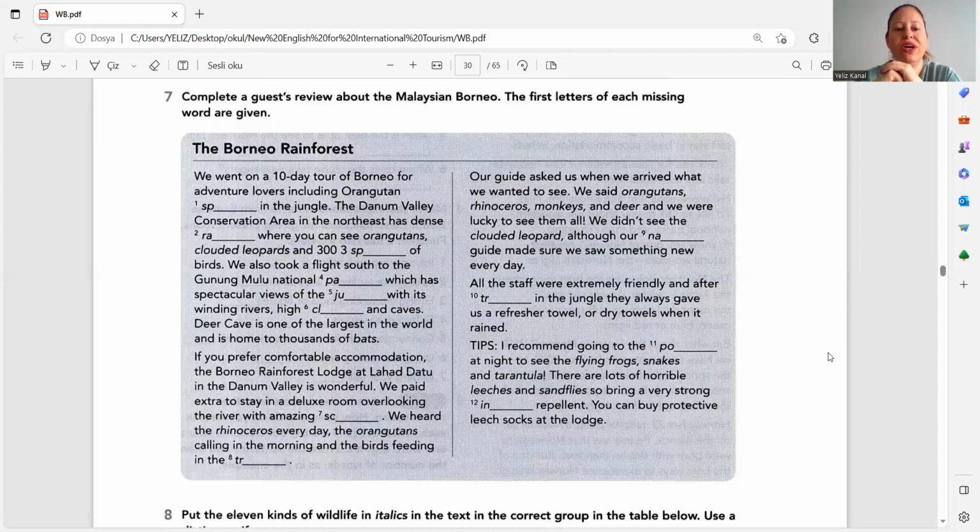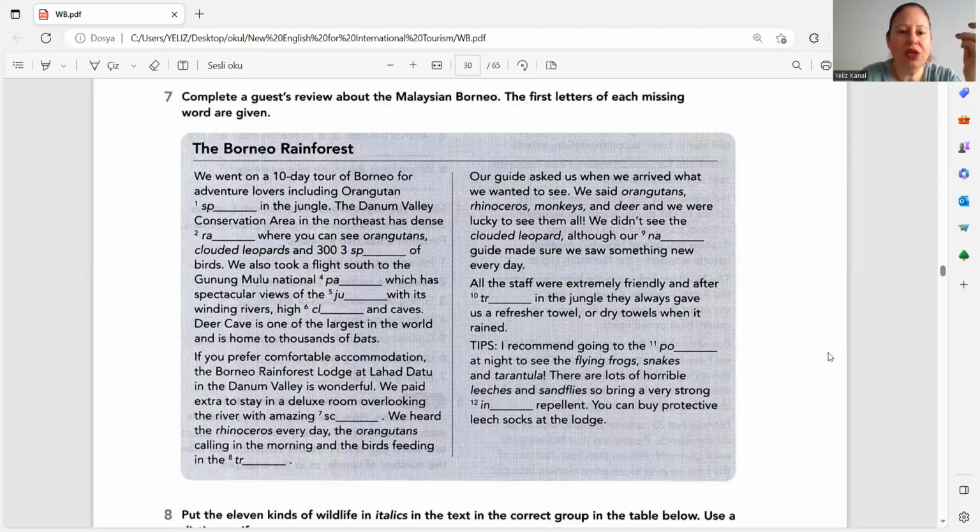Evet. We also took a flight south to the Gunung Mulu National blah blah, which has spectacular views of the blah blah with its winding rivers, high blah blah and caves. Okay. First, let's have a look at the first empty space here. We also took a flight south to the Gunung Mulu National PA, National Park, right? National Park, which has spectacular views of the, what was that again? Where did they go?